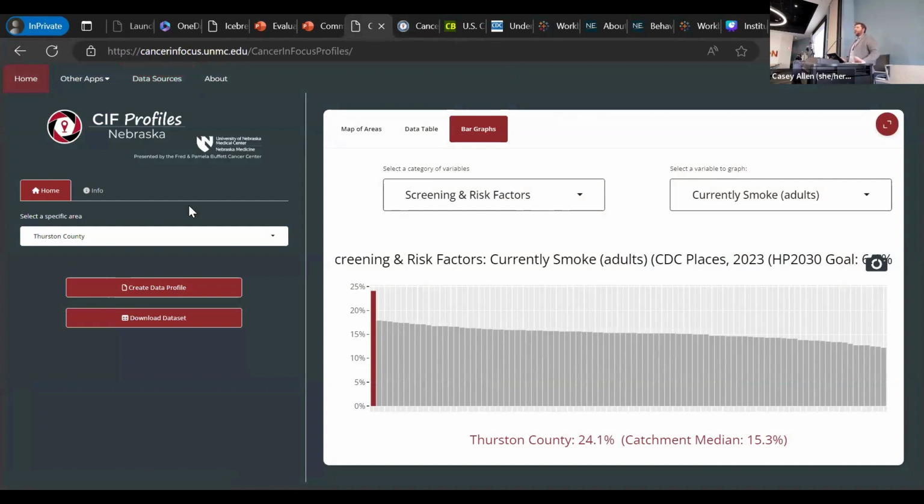Yeah, for Cancer in Focus, we're just now starting to actually use it. It's been developed. It's only been posted and publicly available for about 2 weeks right now. But already we're starting to incorporate some of the findings into some of our public health messaging.